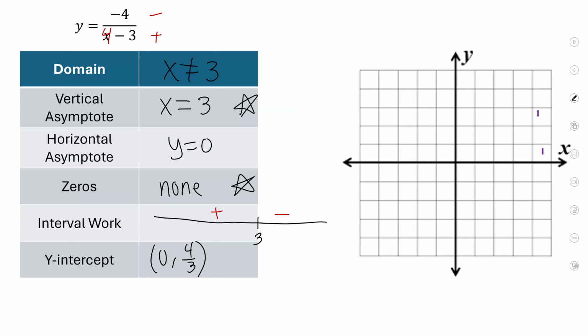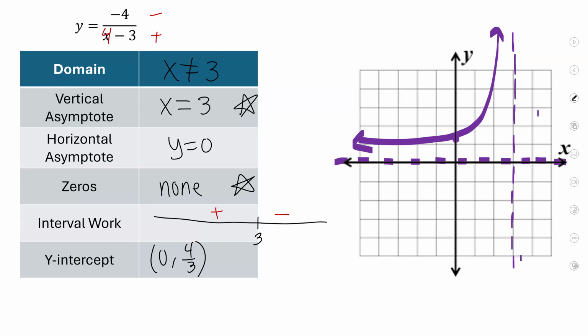Your vertical asymptote is at x equals 3. Your horizontal asymptote is at 0. Your y-intercept is at 4/3 or 1.33, so about right there. When I am to the left of 3, I need to be positive, and when I'm to the right of 3, I need to be down here on the negative side.